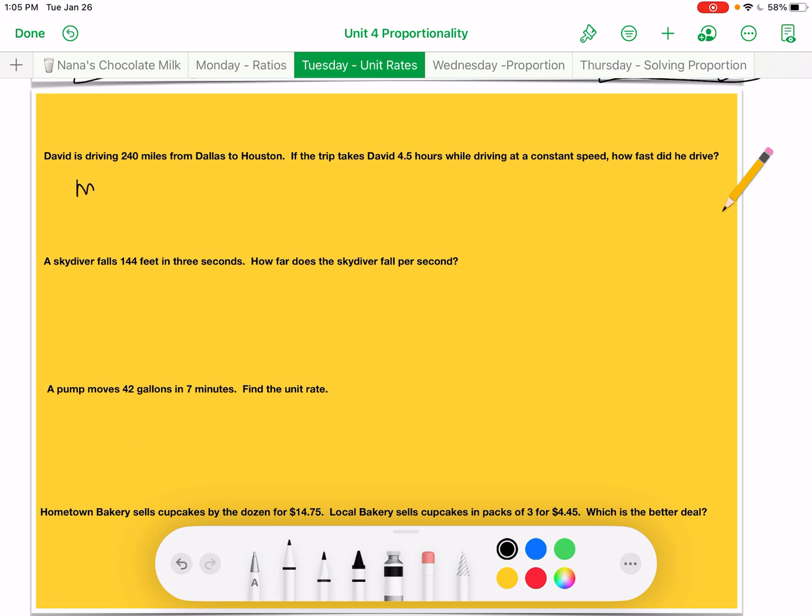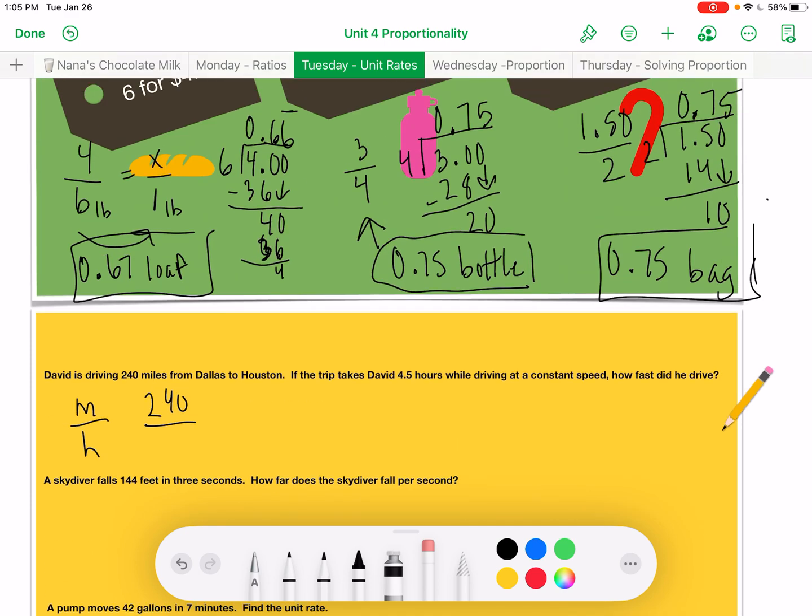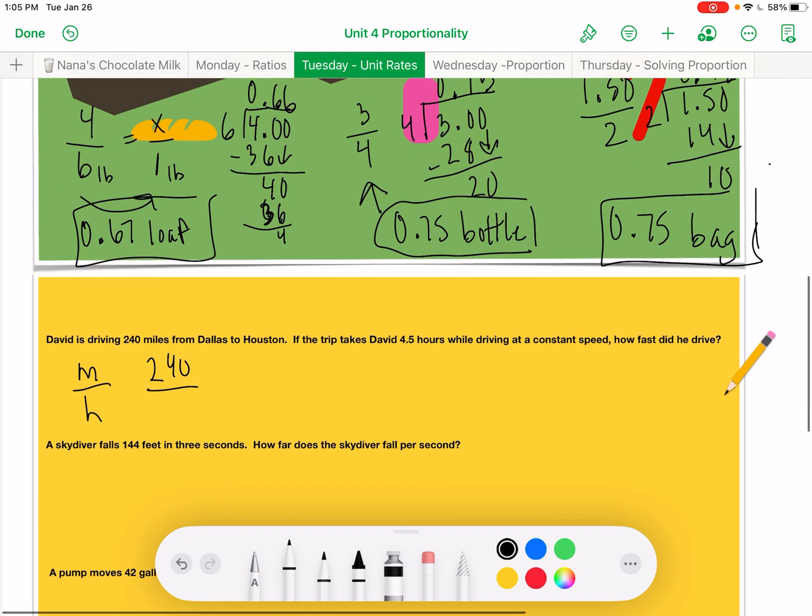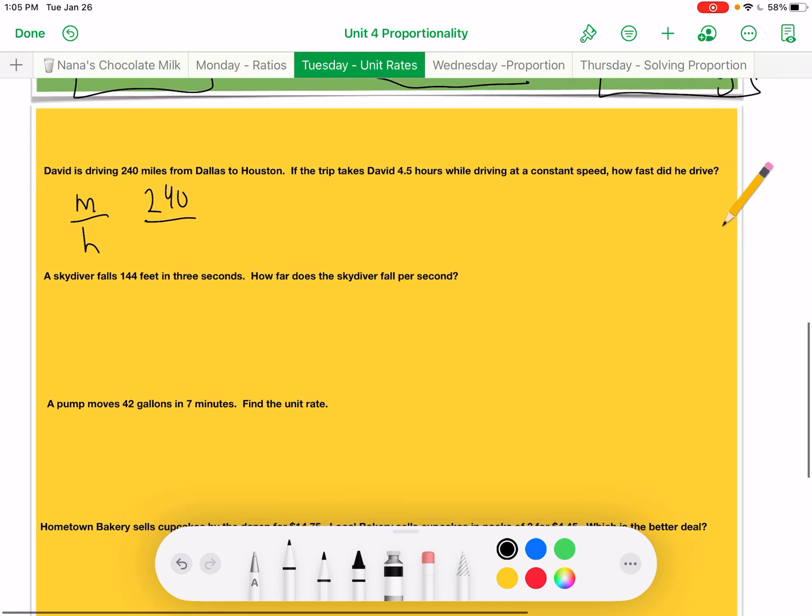Here are my miles, here are my hours. We want to know how much per 1 hour. The denominator is our hour per 1. We're solving for how many miles in 1 hour.